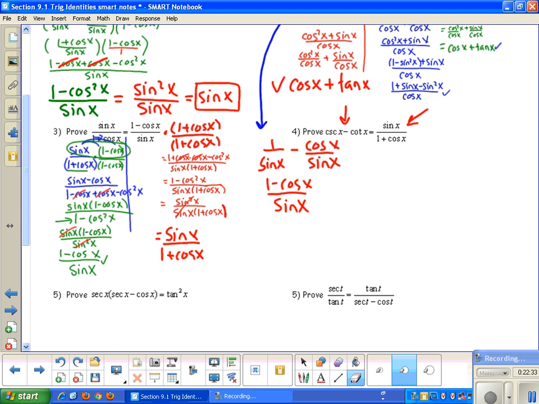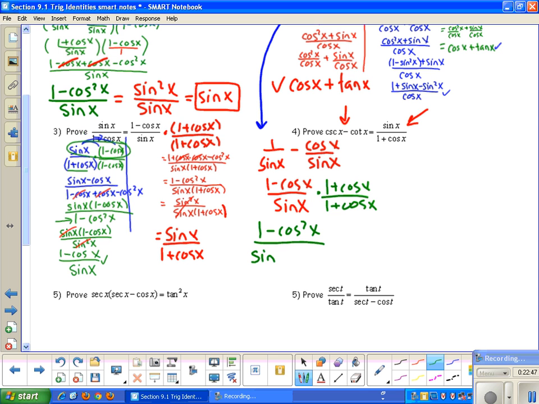So the next step that I would do here is multiply this by 1 plus cosine x over 1 plus cosine x, and then I would get 1 minus cosine squared x in my numerator over sine x times 1 plus cosine x.